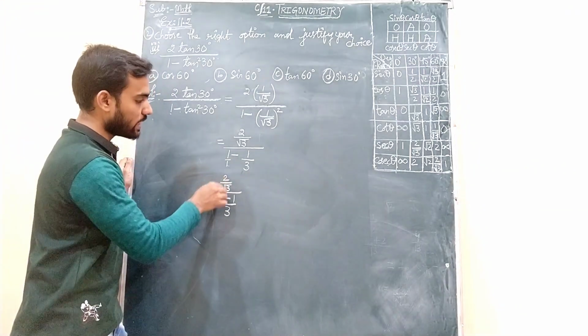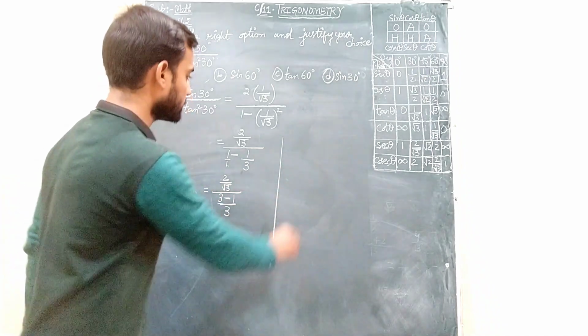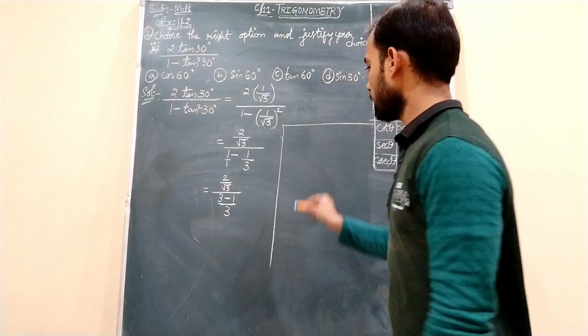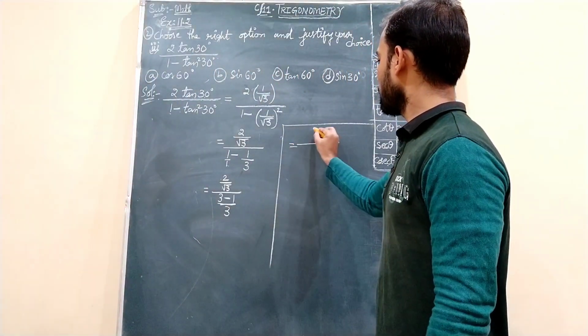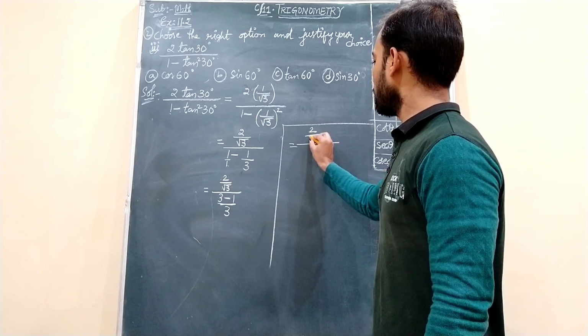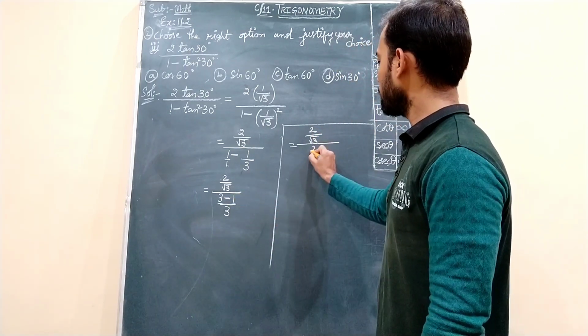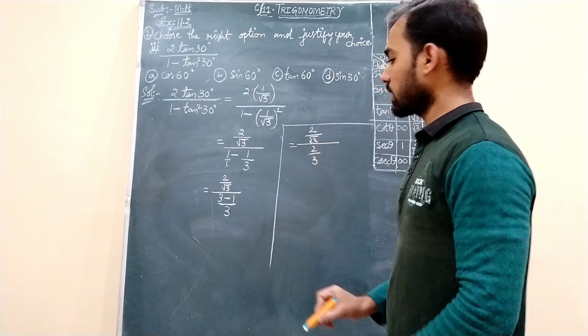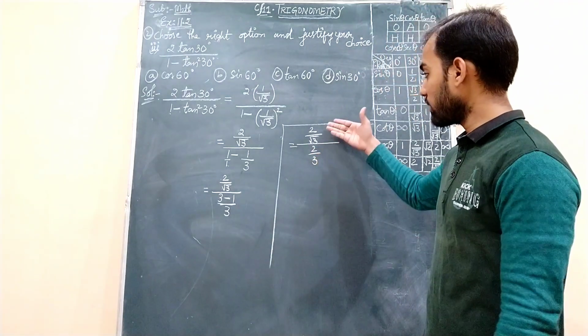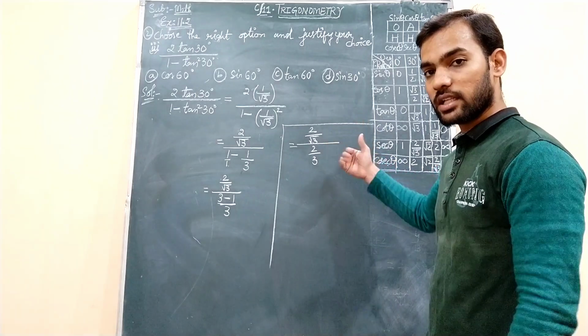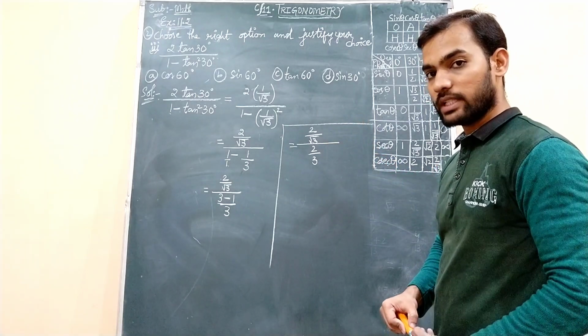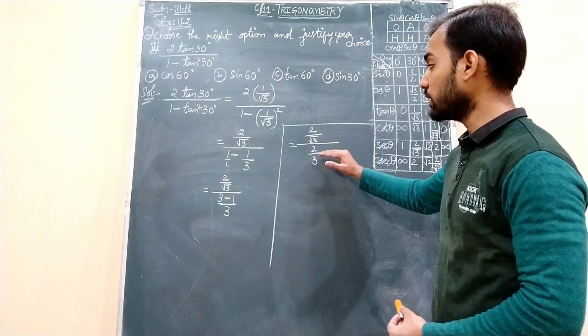Now this 2 by root 3 I will keep as it is. 2 by root 3. 3 minus 1, 2 by 3. Again we came to the same step wherein numerator is also a fraction, denominator is also a fraction. As we did just now, we were having only 2 in the denominator.